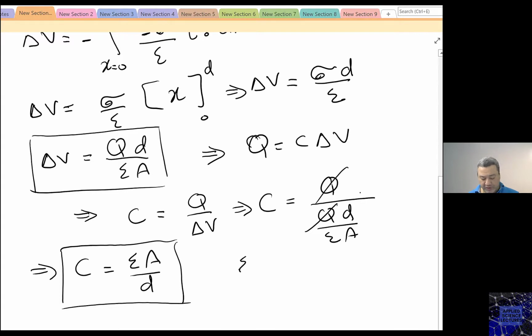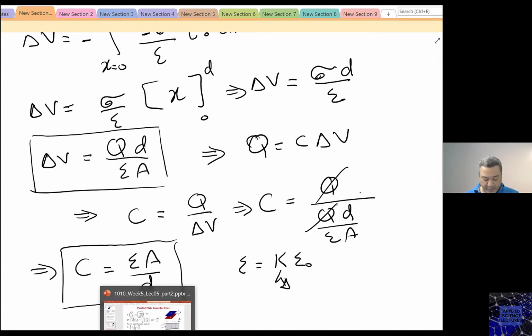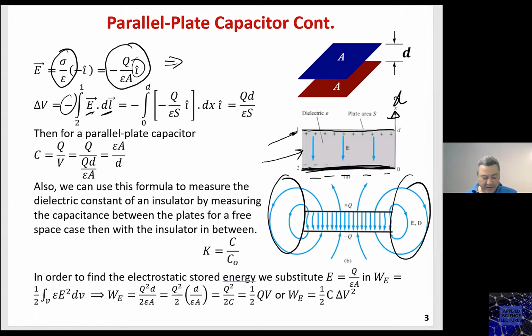We need not forget that epsilon equals K epsilon naught, where K is the dielectric constant for the insulator. So this is the potential difference and capacitance for a parallel plate.